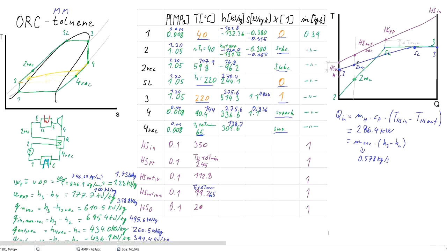So here the recuperation could make sense because then the minimum temperature difference would be over here, most likely at the beginning of the heat exchanger, where we could cool down the heat source a little bit more than we are cooling it down here, or maybe the pinch point would transfer to the point of the end of preheating and start of the evaporation.